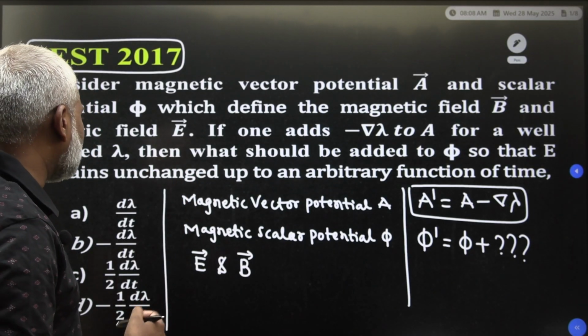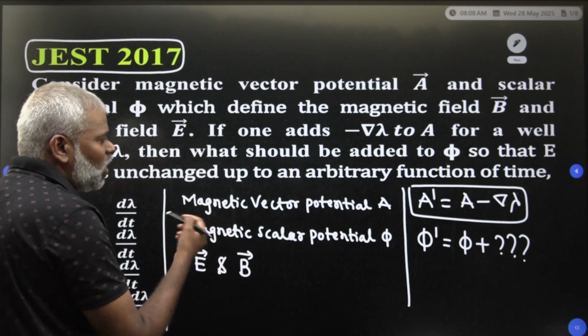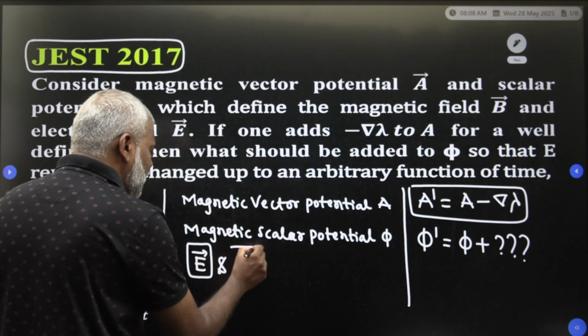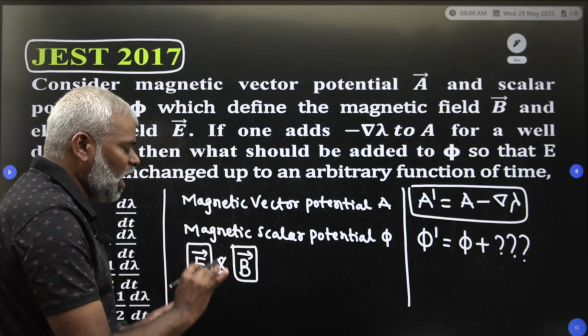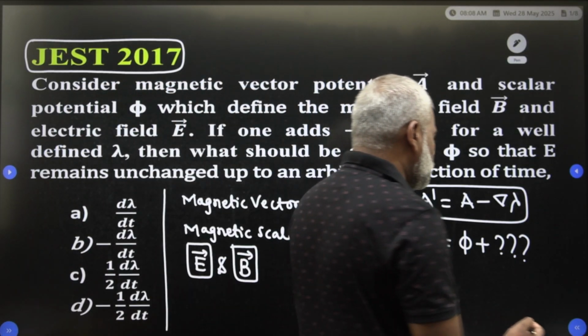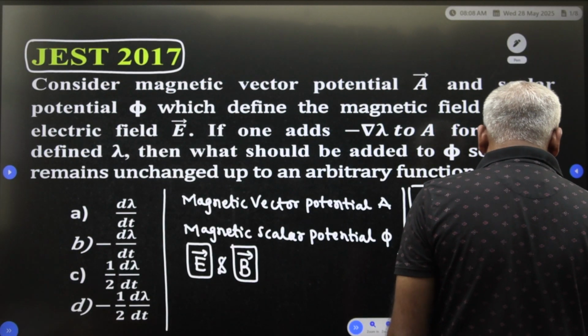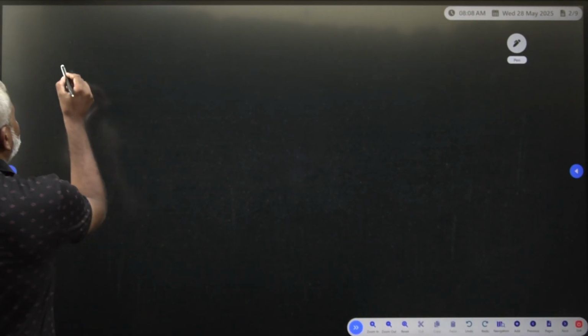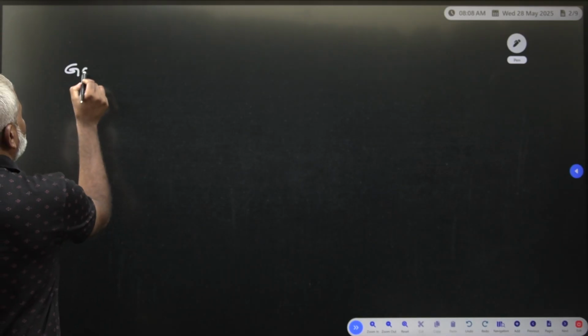According to the gauge transformation, E and B must be unchanged. How do we solve this? Let me give the gauge transformations.